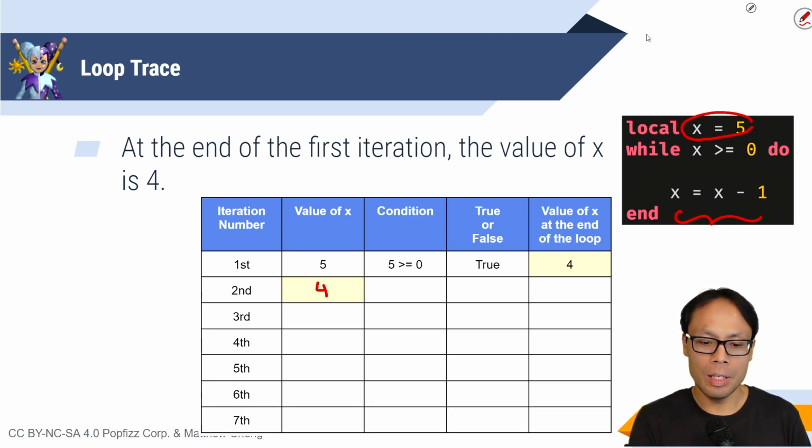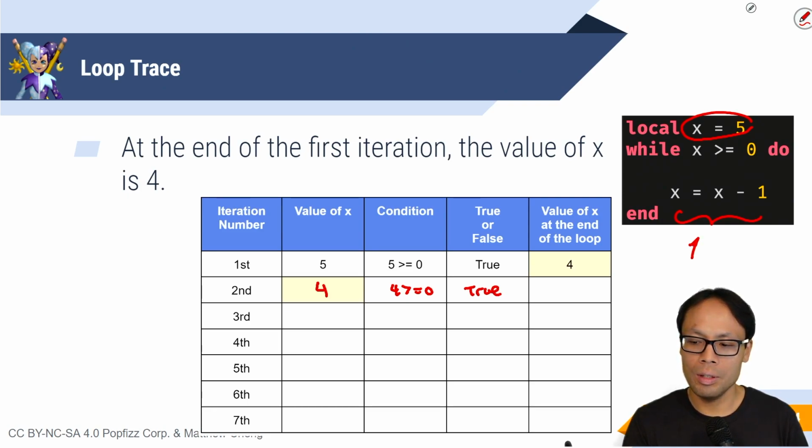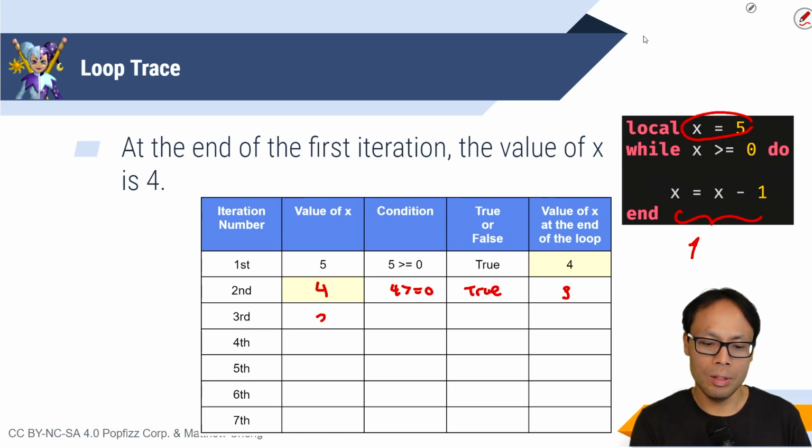So again, in our second iteration, we have 4 greater than or equal to 0. That is true. Again, we go to our x equal to x minus 1, so that becomes 3. 3, third iteration, 3 greater than or equal to 0. That is true.